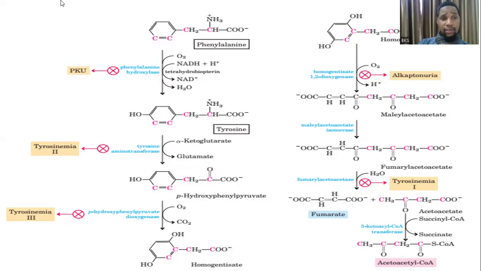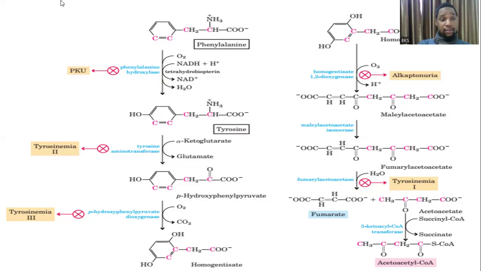So the absence or genetic defect in this enzyme leads to a condition called alkaptonuria. This alkaptonuria is due to accumulation of homogentisate, and homogentisate can be excreted in the urine.